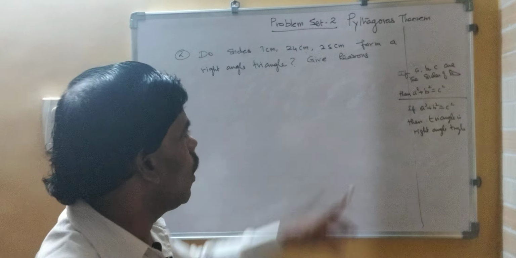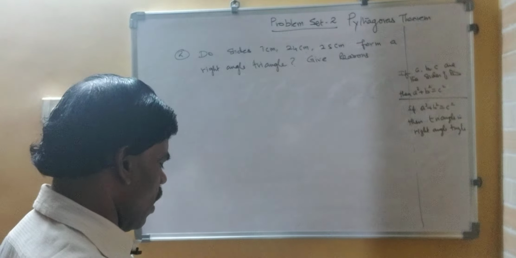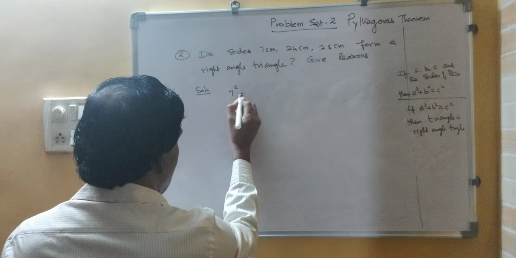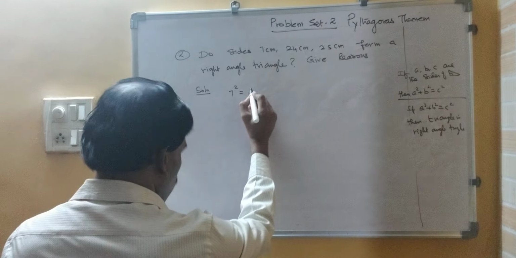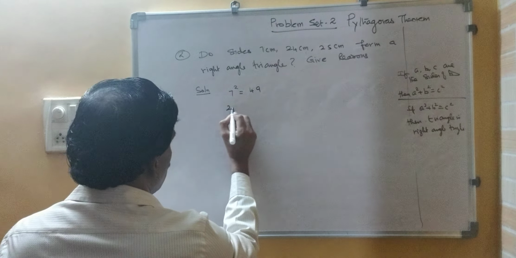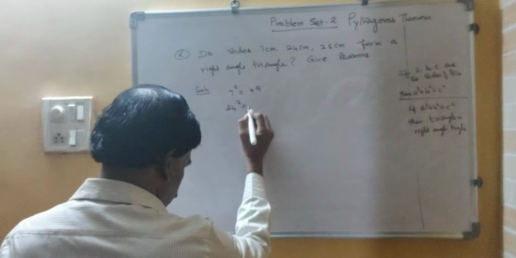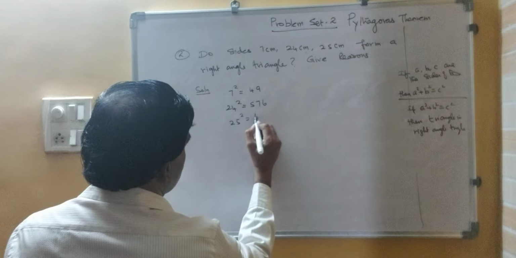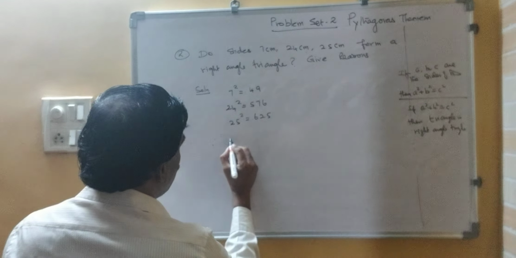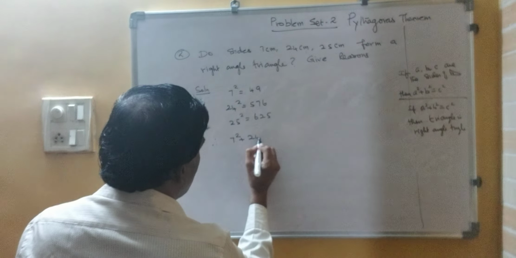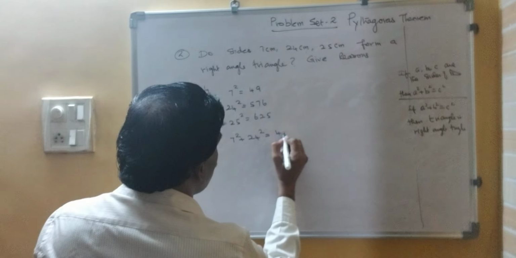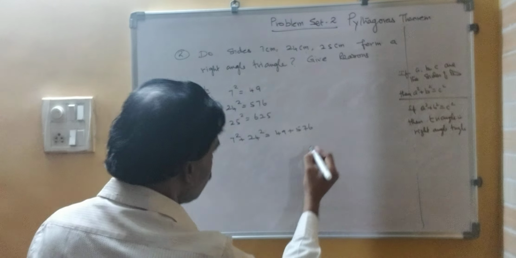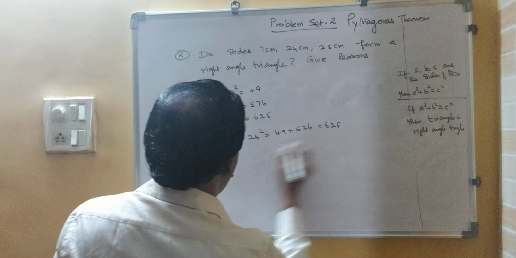Okay, now we will be using these things. Now here what we will do, solution. 7 square, what is 7 square? 49. 24 square, 576. 25 square, 625. Therefore, 7 square plus 24 square equal to 49 plus 576, which is equal to 625.